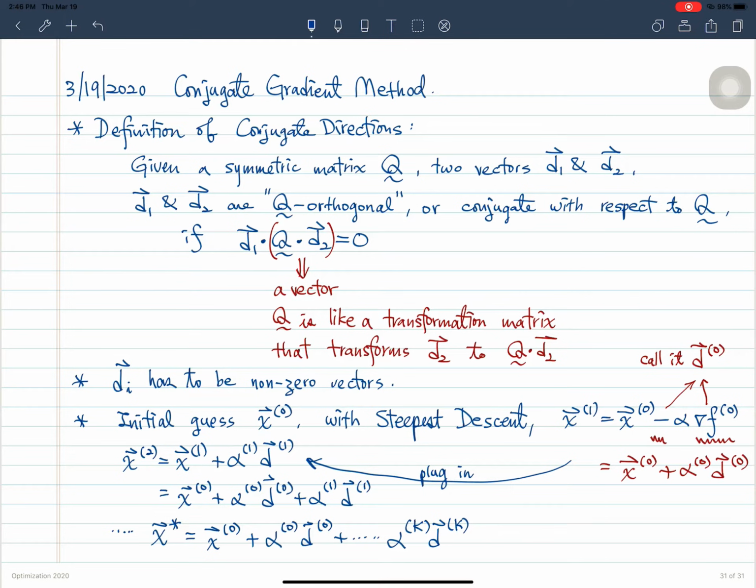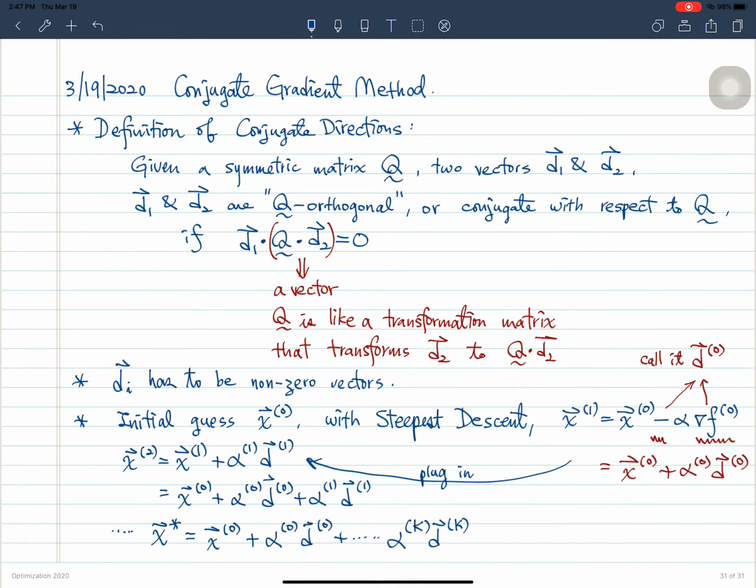So it's basically a combination of many directional vectors with some coefficients in front, and you just keep moving along some direction with some weighting coefficients. So it's always like that.